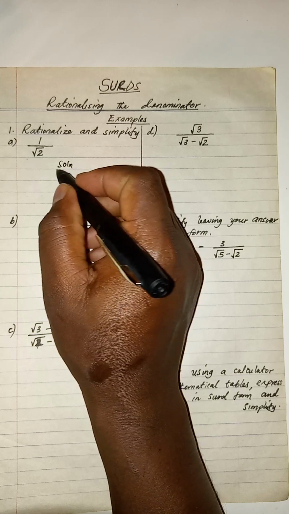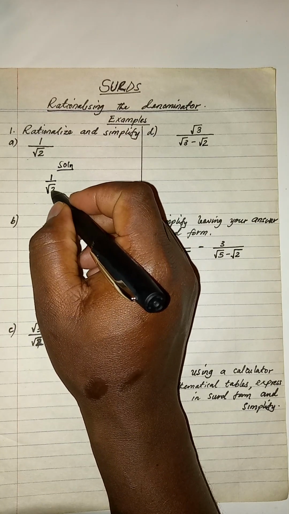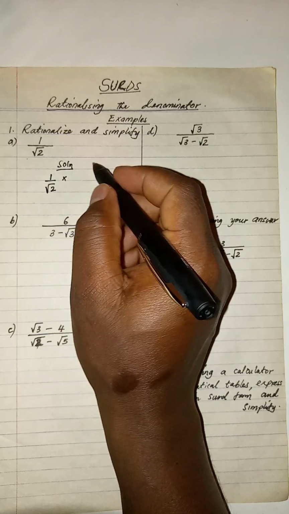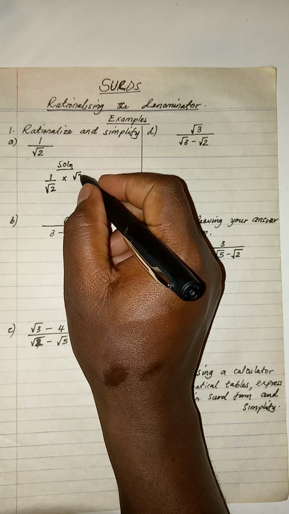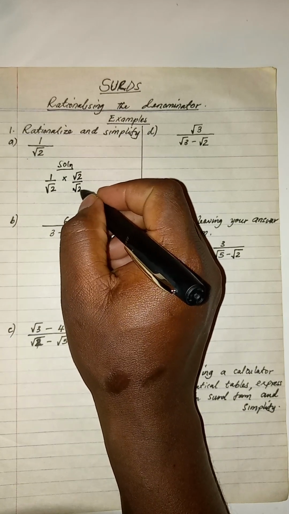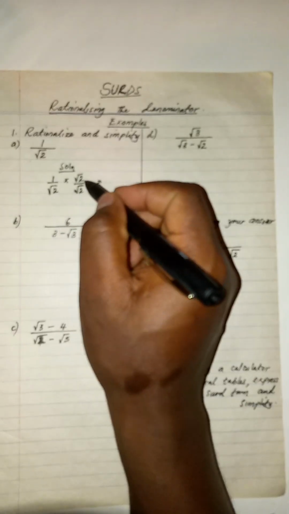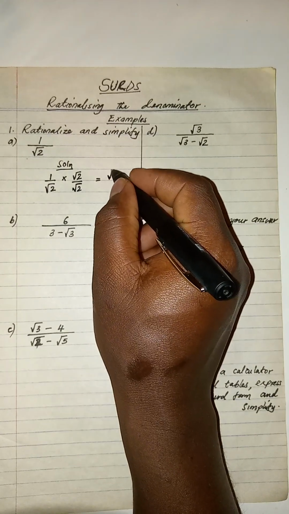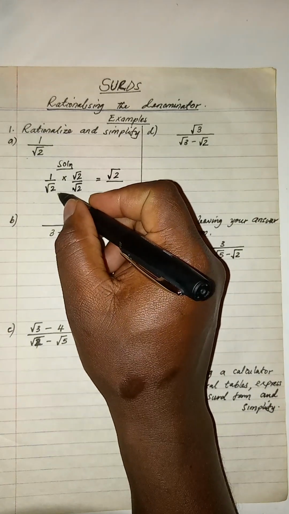This will give us 1 over root 2. We multiply both the numerator and the denominator by root 2, so 1 over root 2 times root 2 over root 2. This gives us 1 times root 2, which is root 2, over root 2 times root 2.